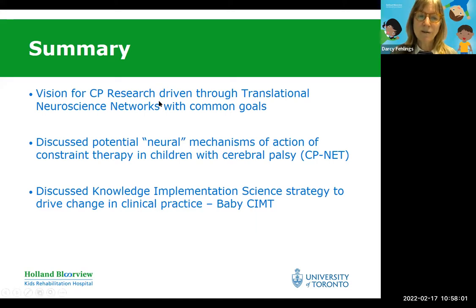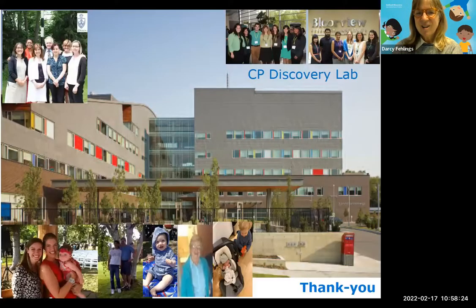I've taken you through a deep dive of how we can look at underlying neural mechanisms of action, in this case, constraint therapy. And then talked about knowledge implementation science and how that can be a really effective strategy to also drive things into clinical practice.